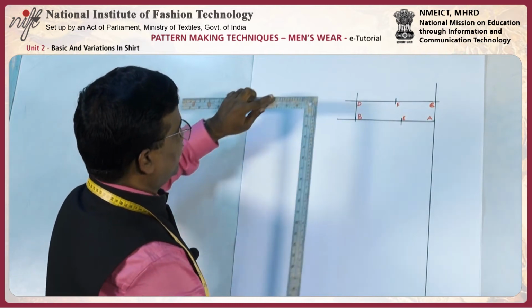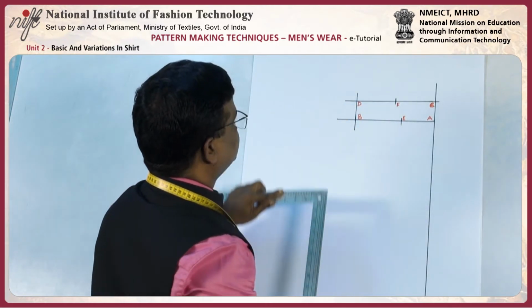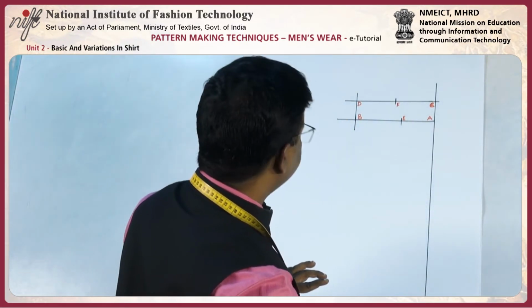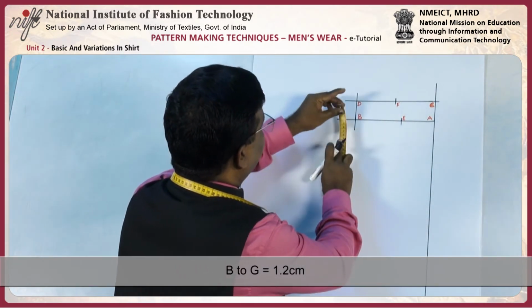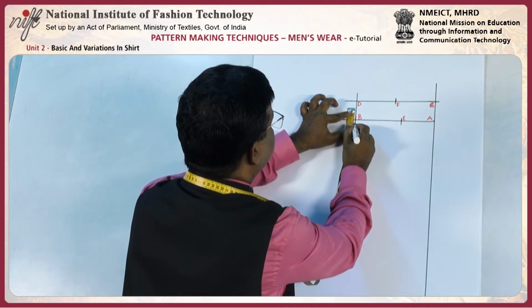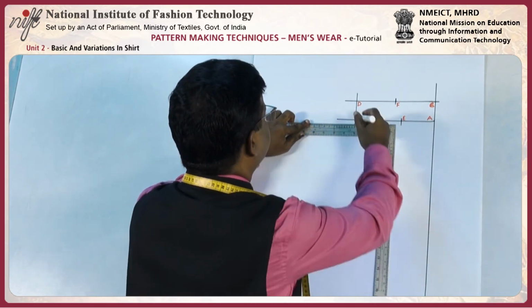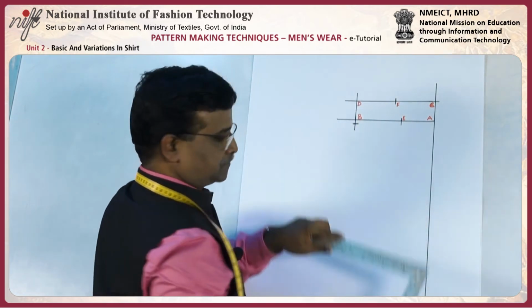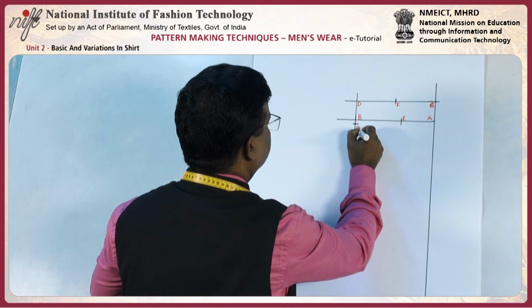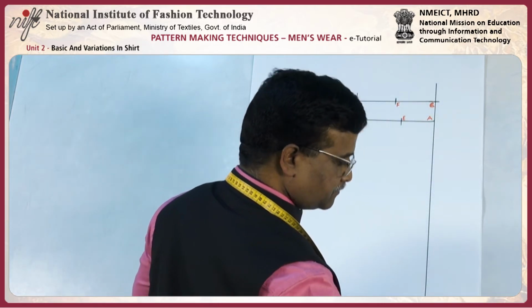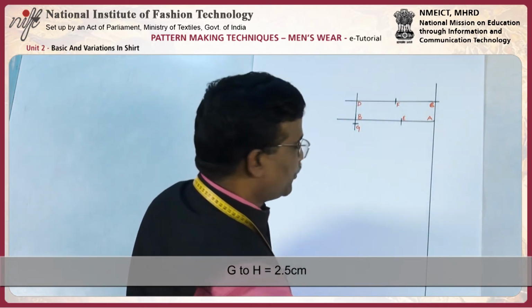From B, extend a line downward. B to G, 1 centimeter. D to H, 2.5 centimeter.